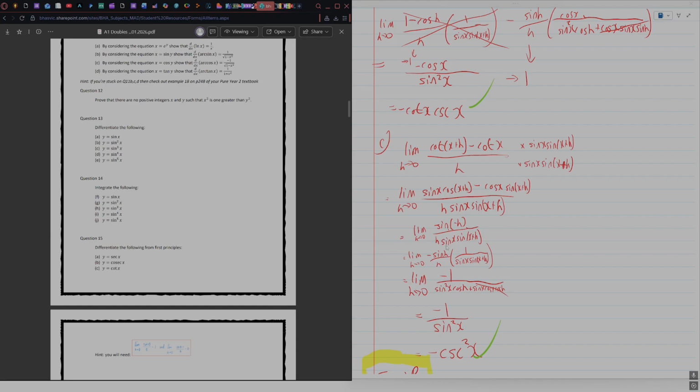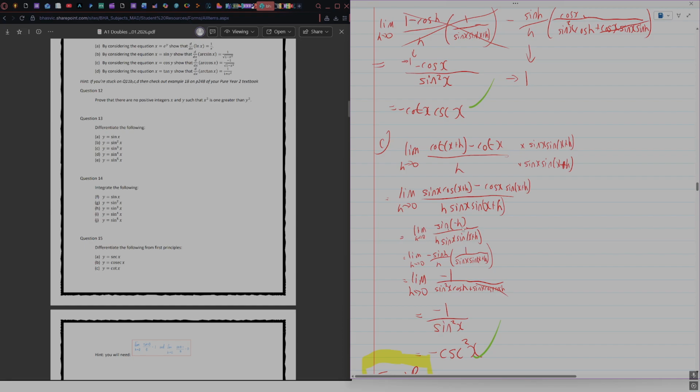And we don't actually know this yet, but because sine is an odd function, you can take the negative out of the inside. So sine of negative h is the same as negative sine h, which is something you should be able to figure out if you think about the graph.